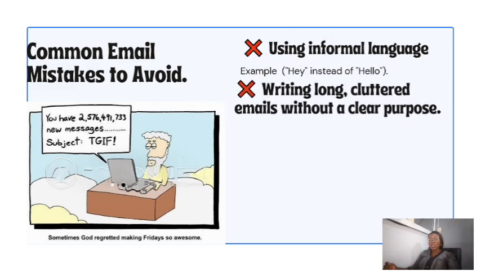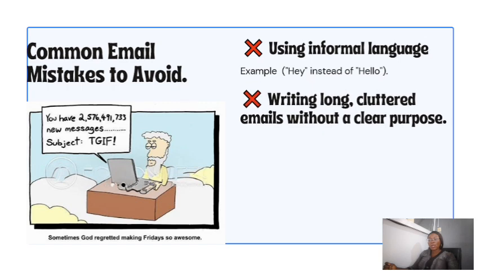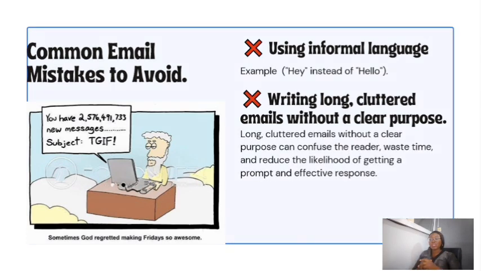Two, writing long, cluttered emails without a clear purpose. The body of your email should state clearly the purpose of that email. It should not be too long. Keep it brief, stating clearly what you want the person to do after reading your email.